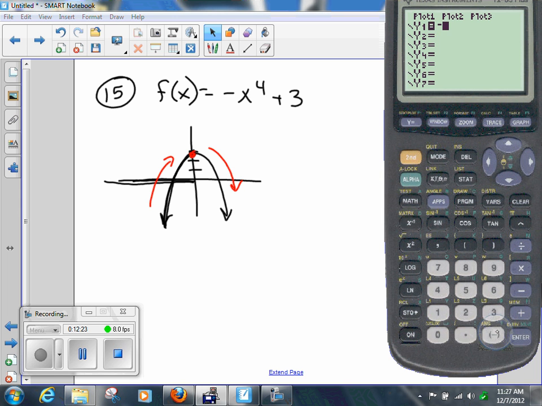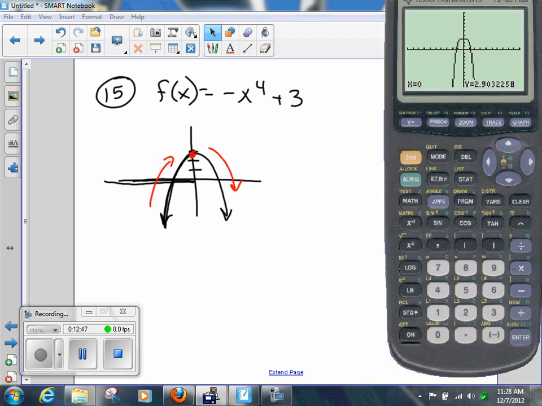Look at it. Negative x to the 4th plus 3. And then let's look at the graph. Zoom 6, zoom standard. It's kind of got a flat top, doesn't it? So if you wanted to zoom in, just trace, that's where I want to zoom in, because I want to see it.